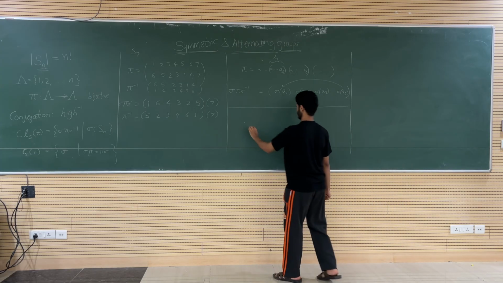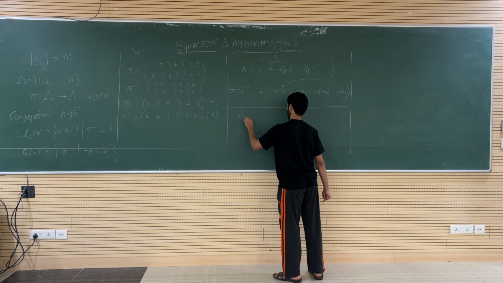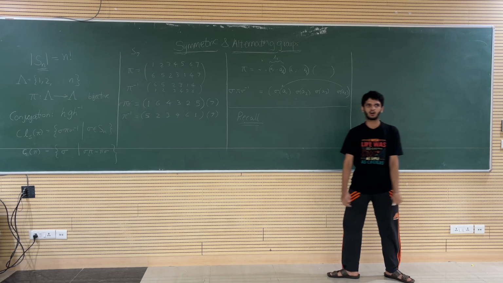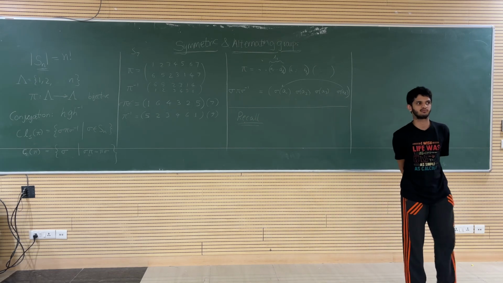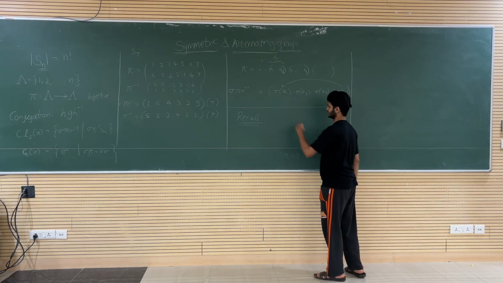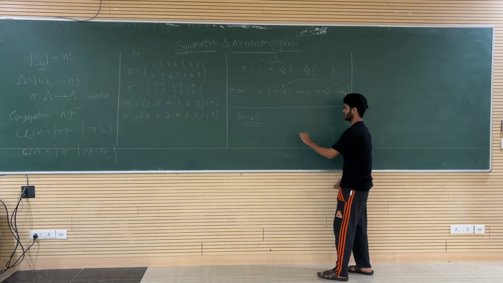Now, group theory recall. Have you heard of the orbit stabilizer theorem? I will just write it down. We don't need the general formula, but one formula we will be using.